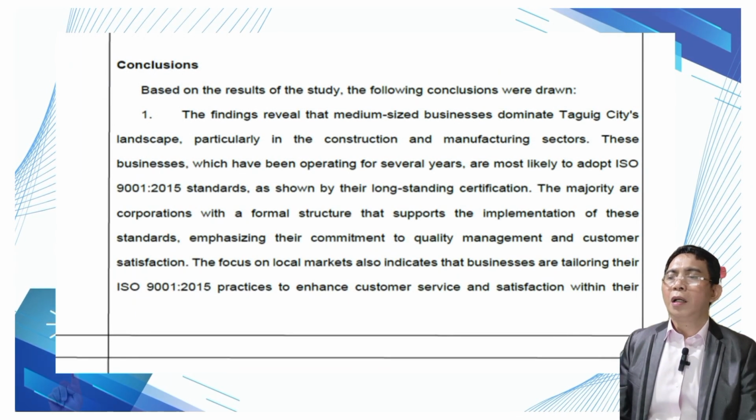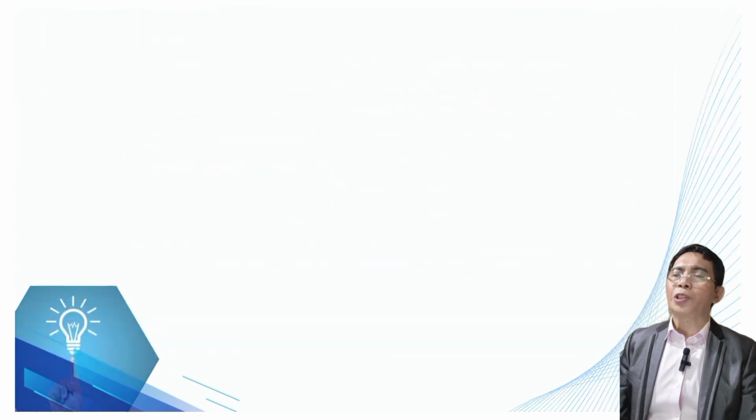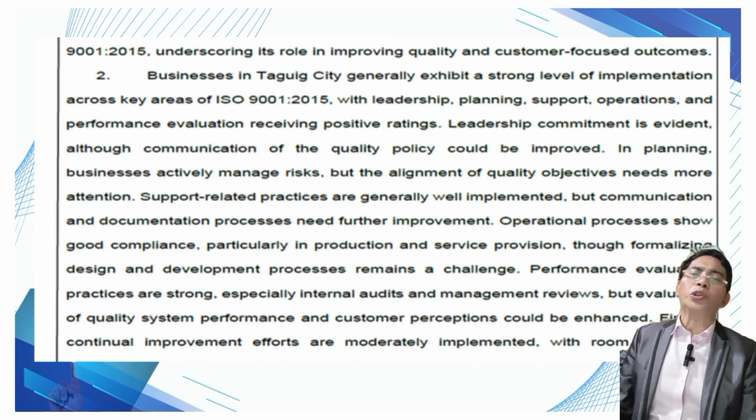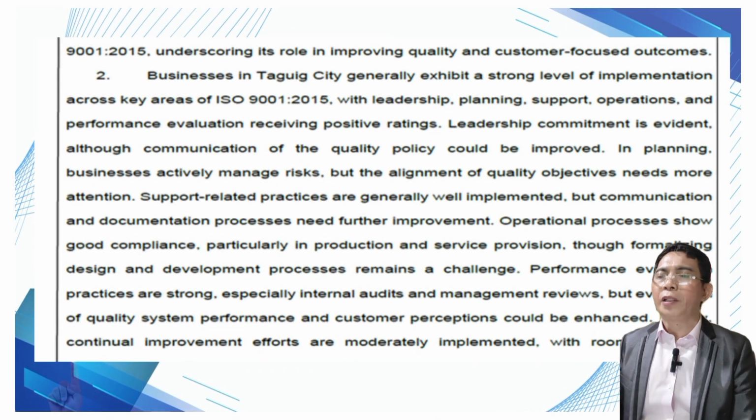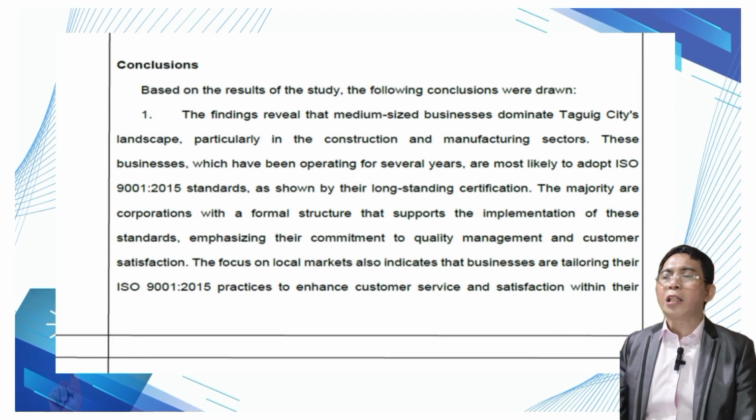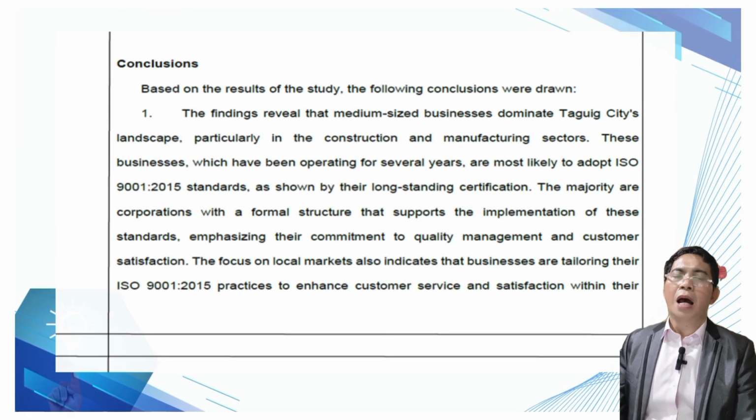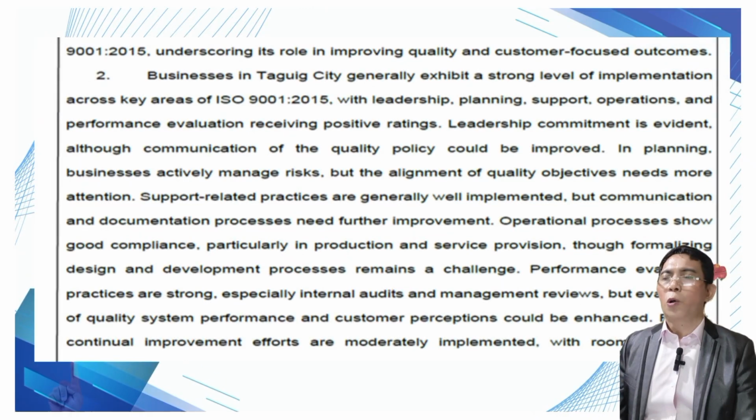Let's take a look at the sample. Based on the results of the study, the following conclusions were drawn. We need to have a transitionary statement before the conclusions, as we discussed a while ago.